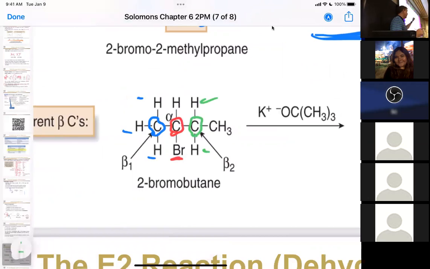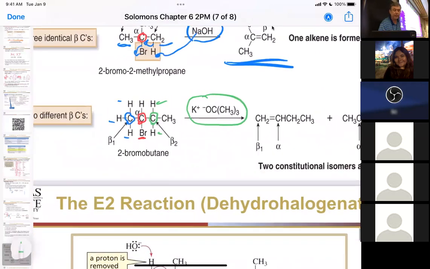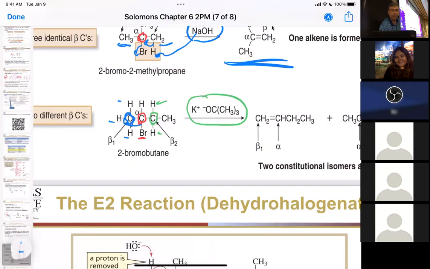We have the one with 3 hydrogens on it or the one with 2 hydrogens on it. Okay, so if we use this big bulky base, remember, this is T-butoxide. This only does eliminations. It doesn't do substitution reactions. So we're going to see that used a lot. What can happen is we can form the first product between this first beta carbon and the alpha, and that gives us a terminal alkene, an alkene at the end of the chain.